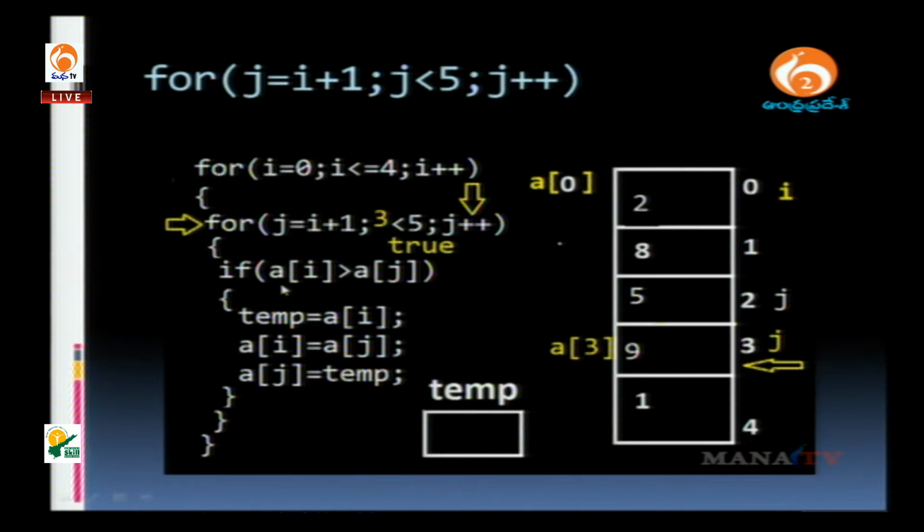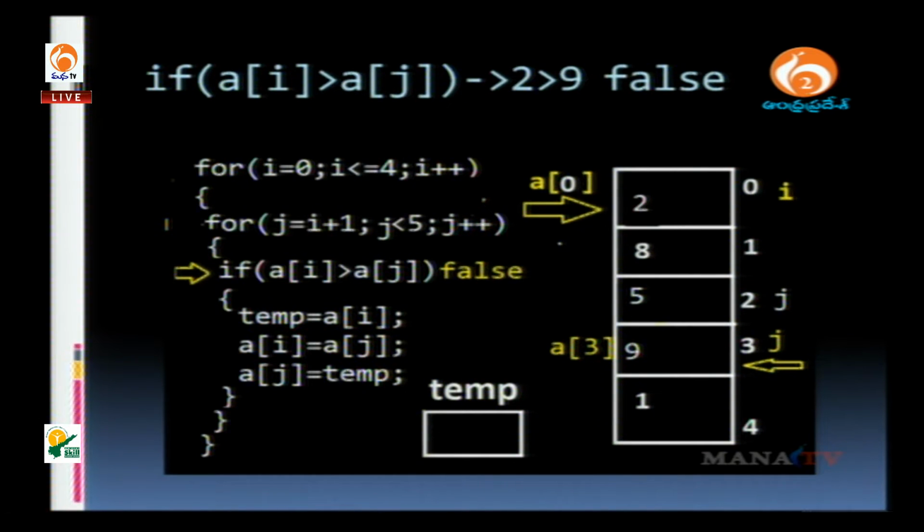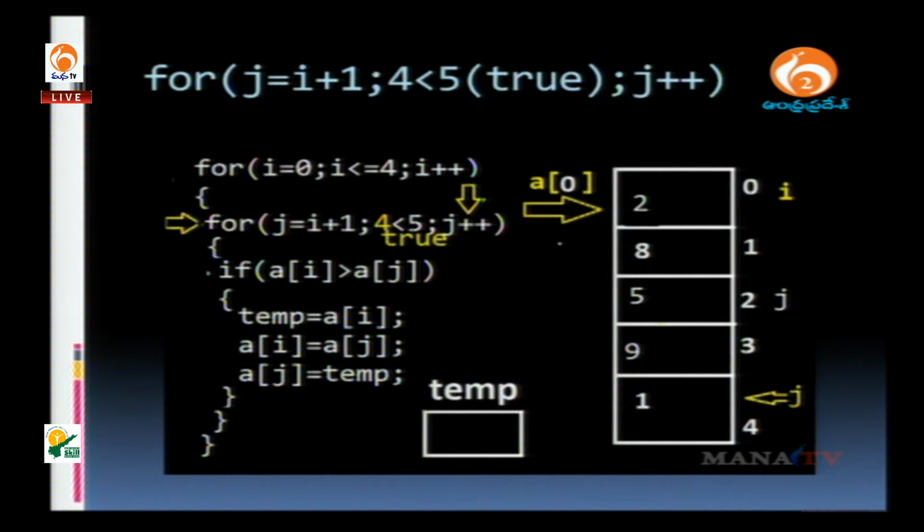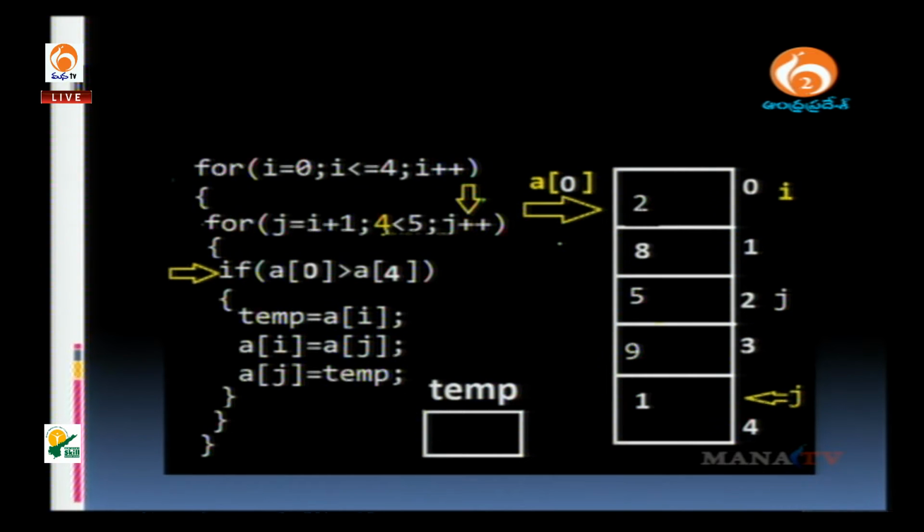Now the control comes to the if condition. A of 1 means 0, a of 0 is 2, and 2 is greater than 1, which is true. So the values are swapped.